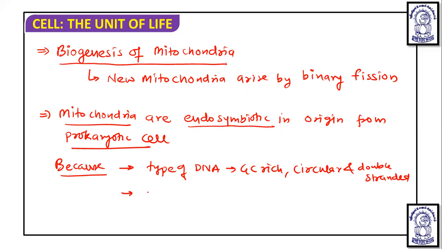Apart from this, the 70S ribosomes found in mitochondria are similar to those found in the prokaryote, and the division is by binary fission. So all this states that mitochondria evolved from the prokaryotes, and it is a semi-autonomous as well as endosymbiotic organelle. Okay, I hope dear students you understood this about mitochondria.